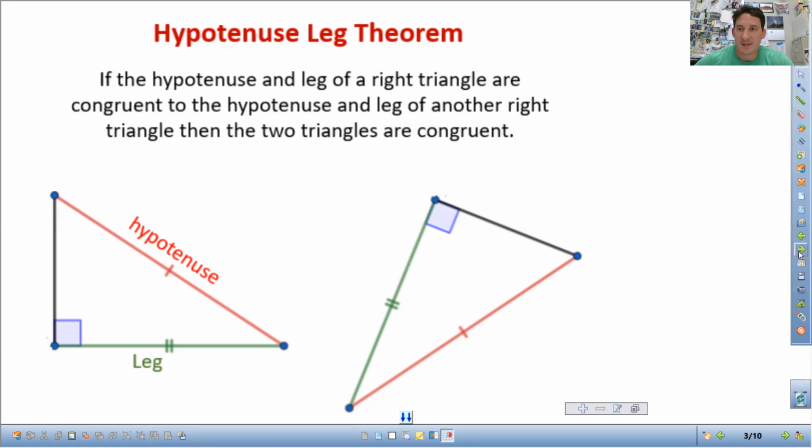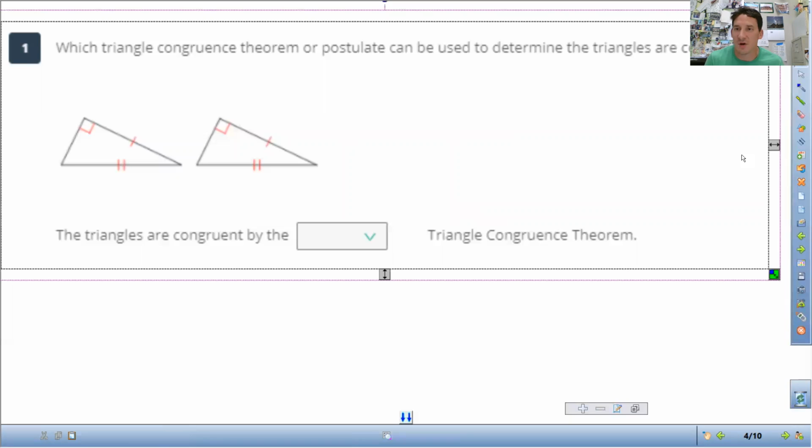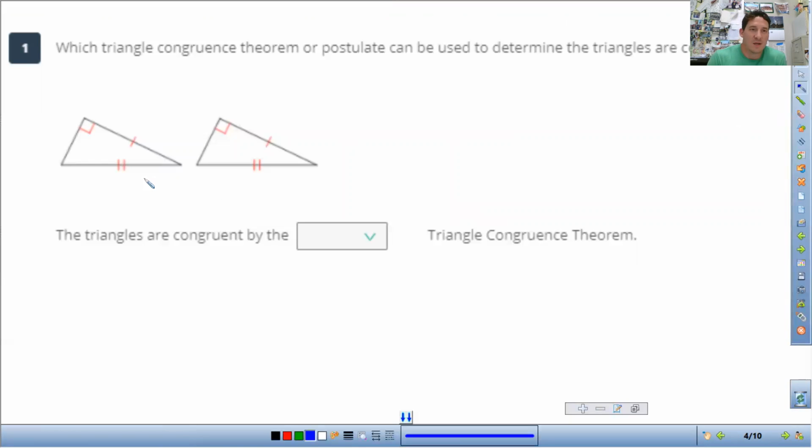All right, let's look at some examples. Which triangle congruence theorem or postulate? These first few we're going to go over are all hypotenuse leg. How do we identify the hypotenuse? The hypotenuse is always across from the right angle.